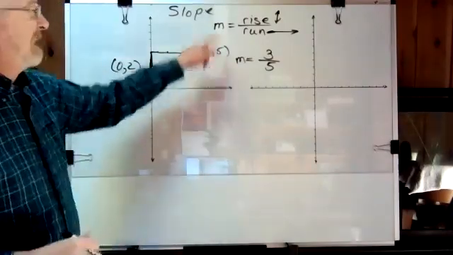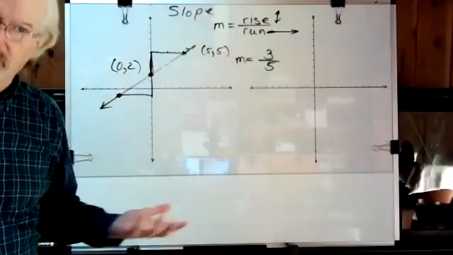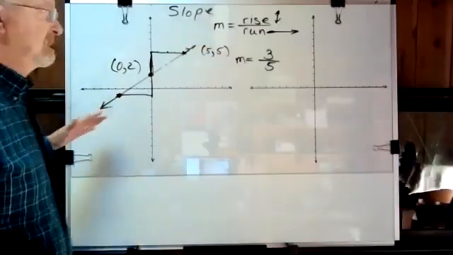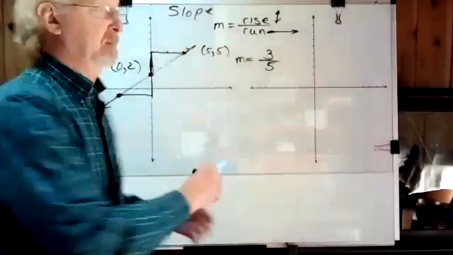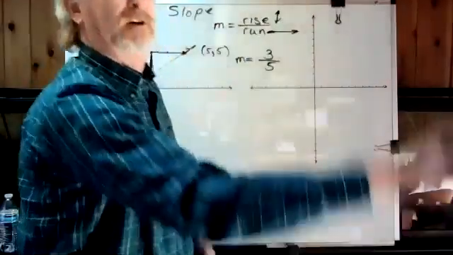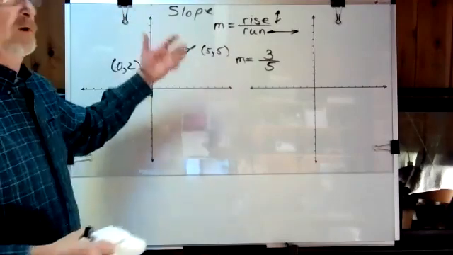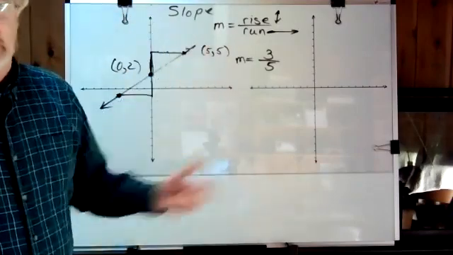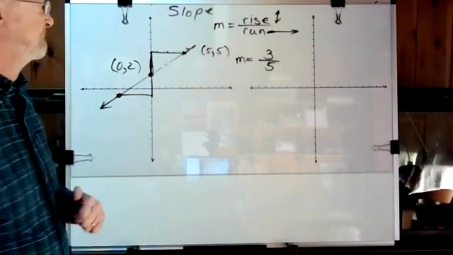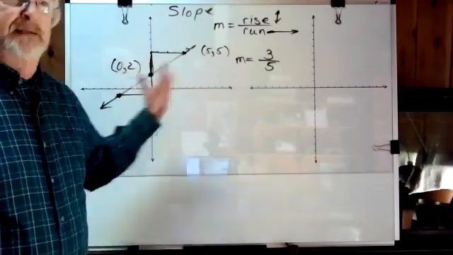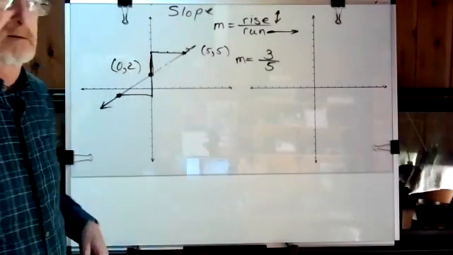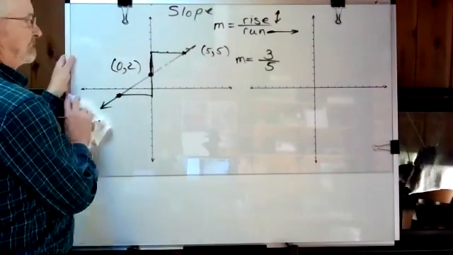If I go over 5, I'll go up 3. So that rate of change is consistent. That's what makes it look like a line and not some other kind of curved shape. So we're going to identify the slope of our lines today. We start by identifying 2 nice points on our graphs to work with.